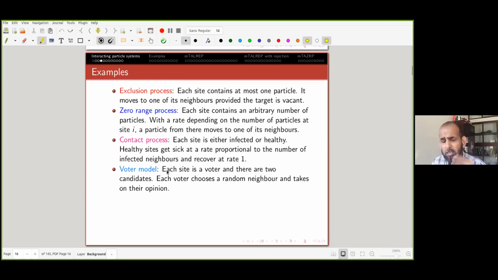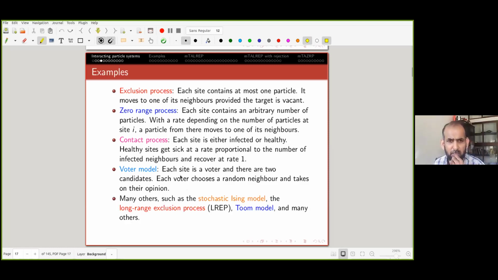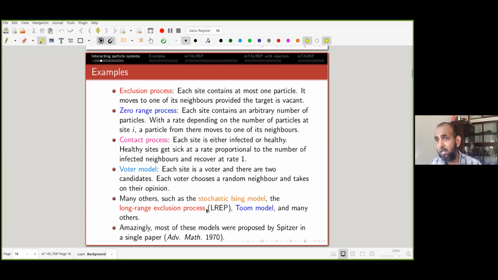The voter model is where every site is a voter in a population, and you have a friendship graph or something, and there are two candidates in an election, and everybody has an opinion, and each voter chooses a random neighbor and takes on their opinion. So that's an example of another interacting model. There are of course many others, and surprisingly, most of these models were proposed in a single paper by Frank Spitzer in Advances in Mathematics in 1970. It's rather remarkable. He set this whole field going with just this one paper.